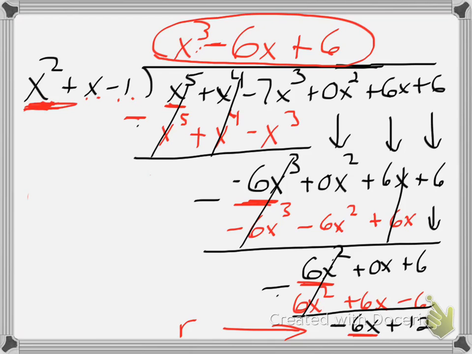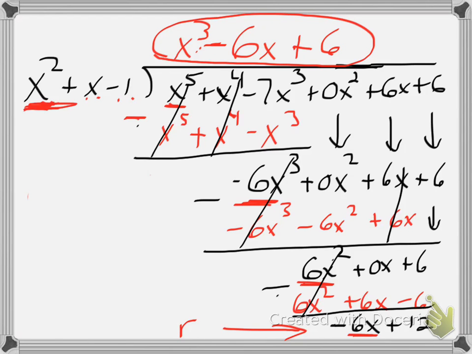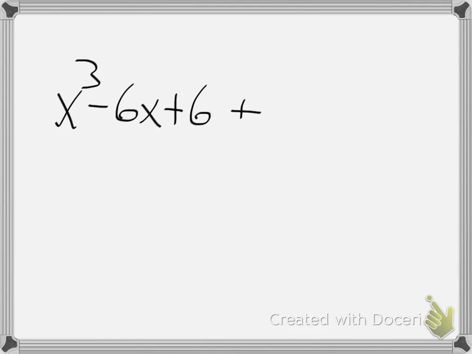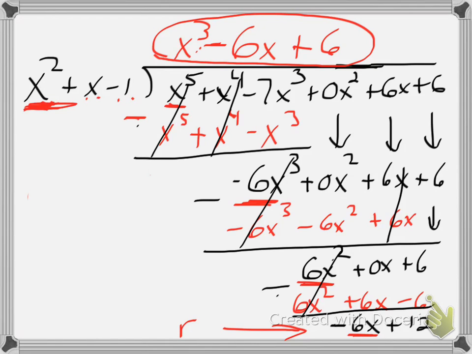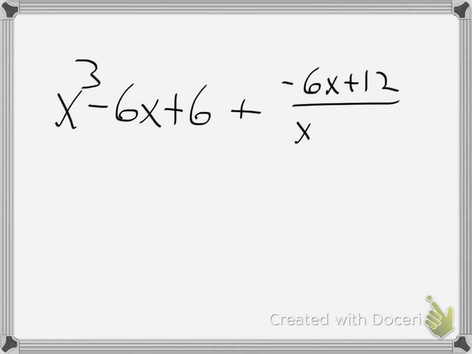Now in proper form, we would say my answer is x to the third minus 6x plus 6 plus my remainder of negative 6x plus 12 divided by my divisor. So my final answer is x to the third minus 6x plus 6 plus my remainder of negative 6x plus 12 divided by the divisor.